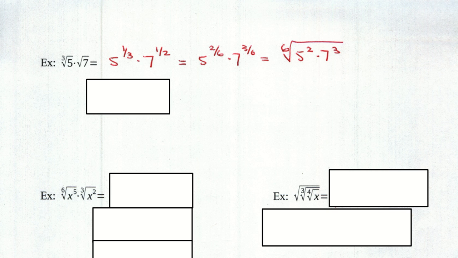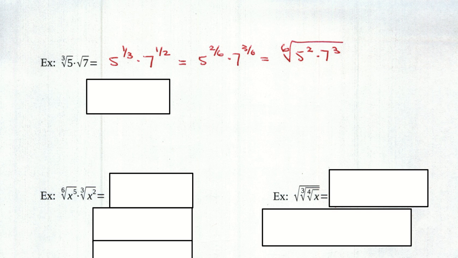The exponents stay exponents, so we still have the 5 squared and the 7 cubed. They're still being multiplied, but now they're being multiplied inside the radical. So in a sense, we were able to bring the multiplication inside, but only through this extraordinary process of making a common denominator, because a denominator in an exponent is an index.